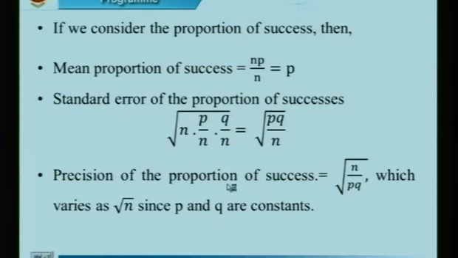Then the precision of the proportion of success is given by the reciprocal of the above, n divided by pq under the root, which varies as square root of n, since p and q are numerical values we call them constants.